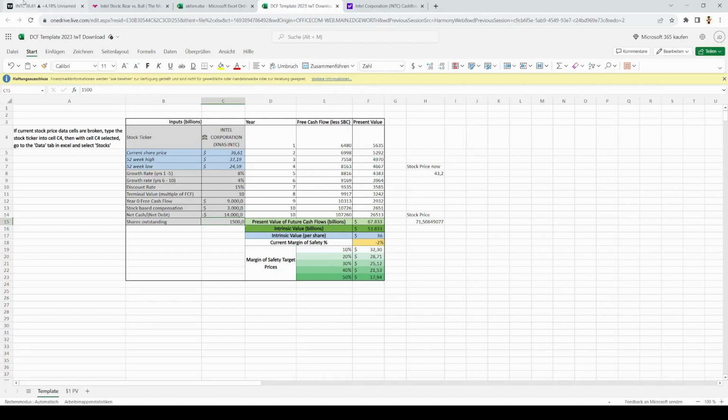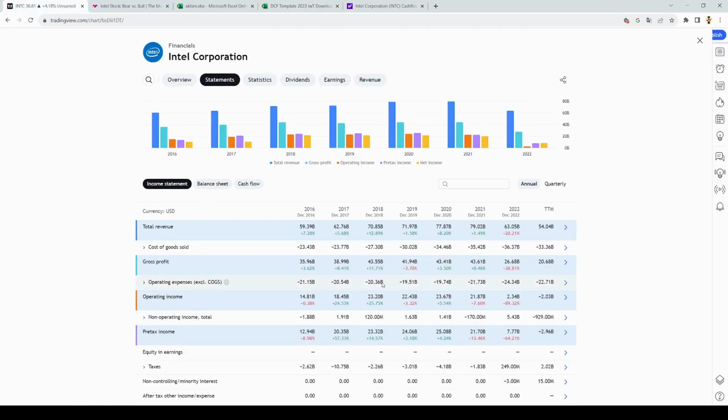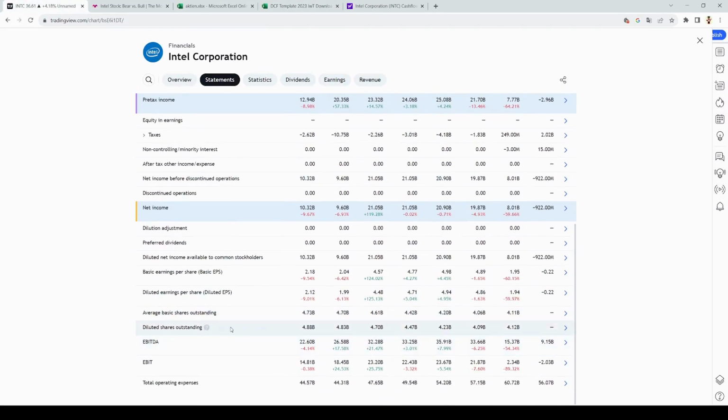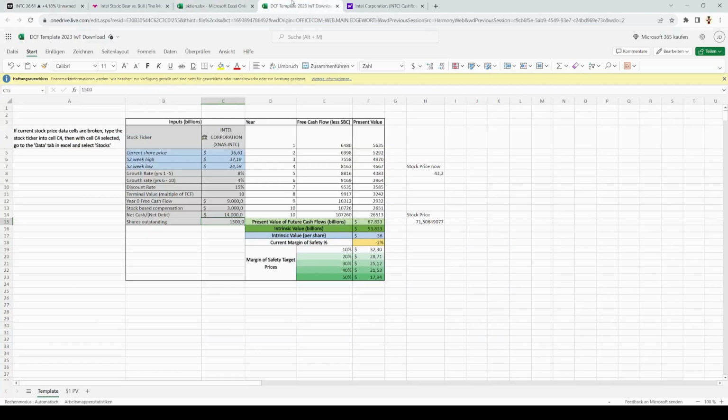And shares outstanding is 4.1 billion. This would give us a buying price of $13 and a current margin of safety of minus $179. So in this case, even the cash flow valuation model is saying Intel is overpriced.